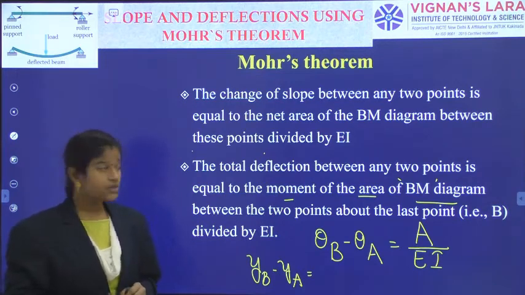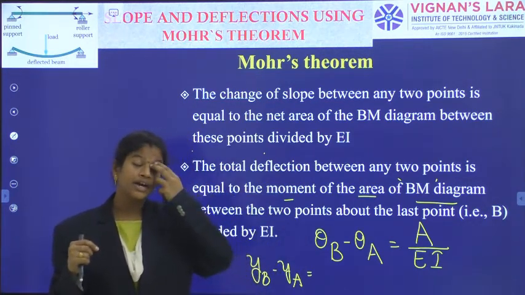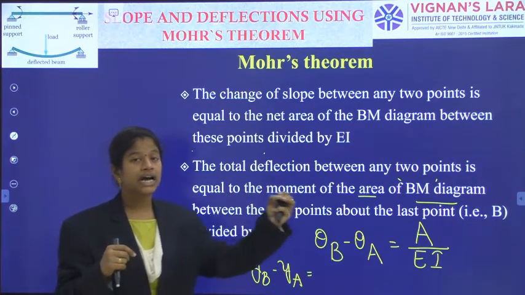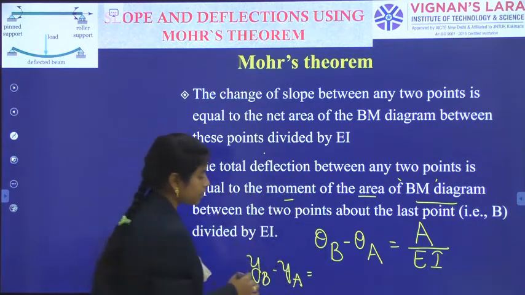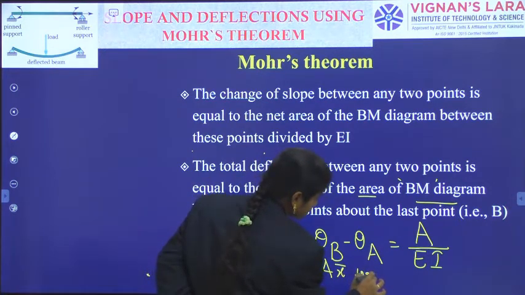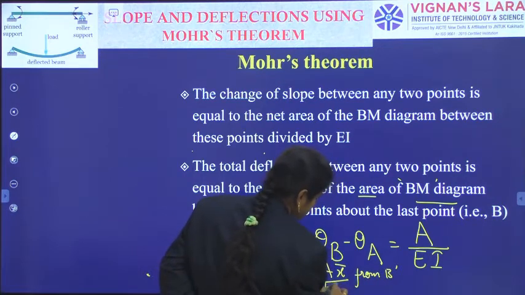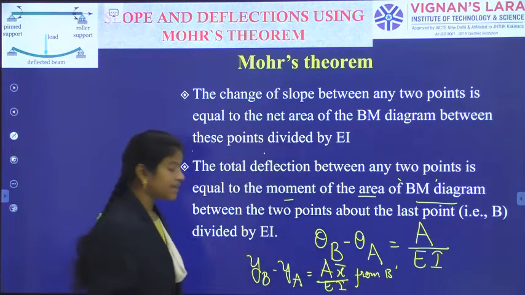So the total deflection between any 2 points is equal to, what is the last point? If B is the last point, then from B, A into x bar from the B reference, divided by EI. This only they have given.